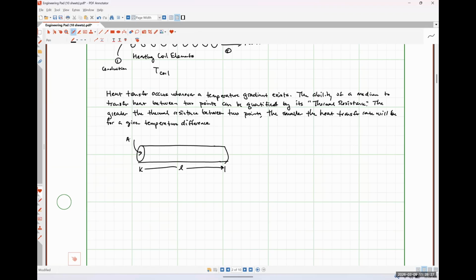So if there's a temperature difference across the ends of the rod, then our total heat flow due to conduction would be our heat flux times area, right? And if we look back at our units of heat flux of watts per meter squared, multiplying that by area should give us our heat measured in watts, right?